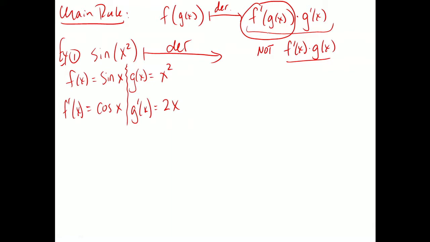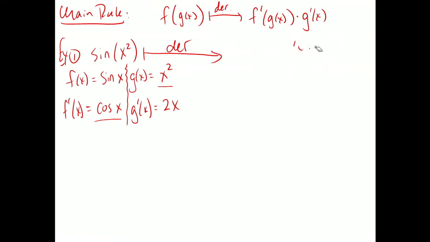Don't just say, oh, so it's cosine of x times x squared, because that's f prime and that's g. No, this is not just f prime times g. It's not just these two things multiplied. Let me erase what it isn't so you can see it again.